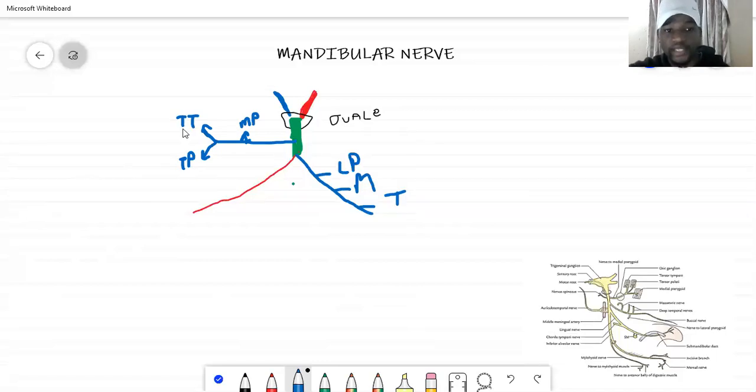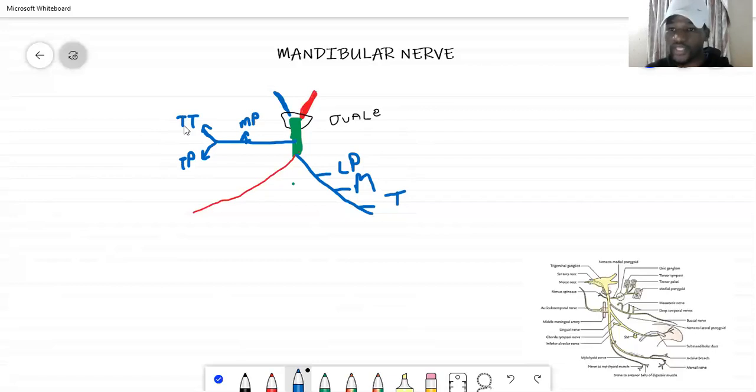So the tensor tympani is mainly associated with the middle ear bone, which is your malleus, right? The function of the tensor tympani is to dampen the sound. When you're chewing, the reason you don't hear that sound is the tensor tympani, because it lowers the sound that you make by chewing.